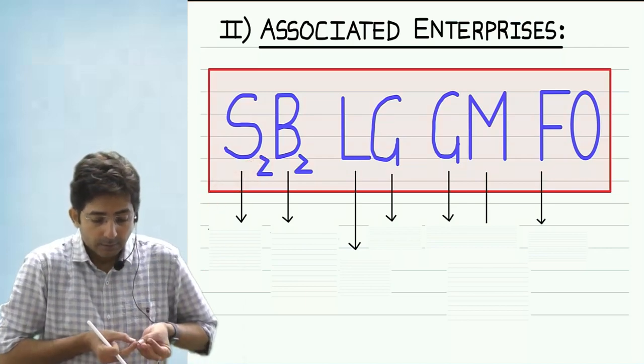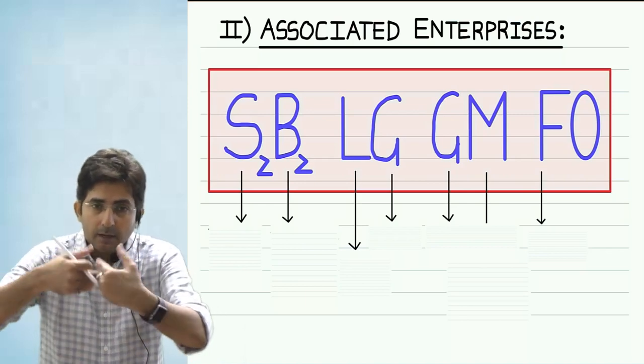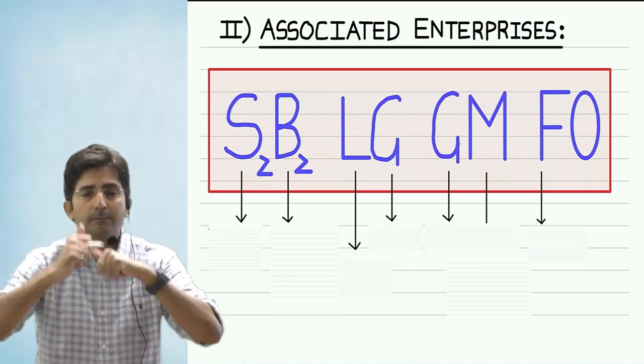Having at least 26% shares in another enterprise creates an association.